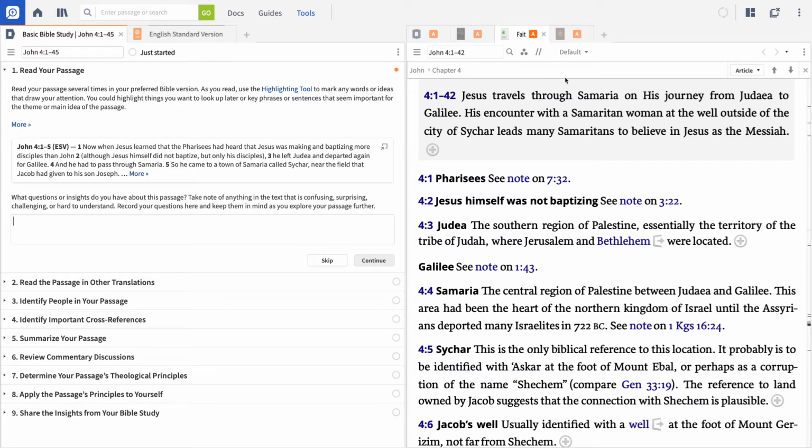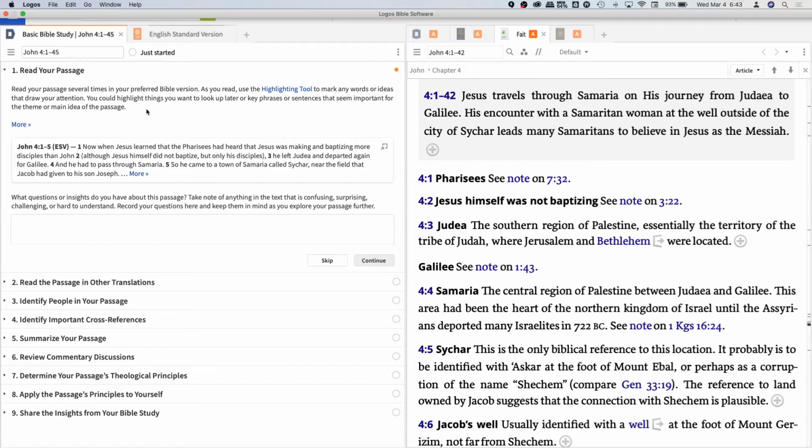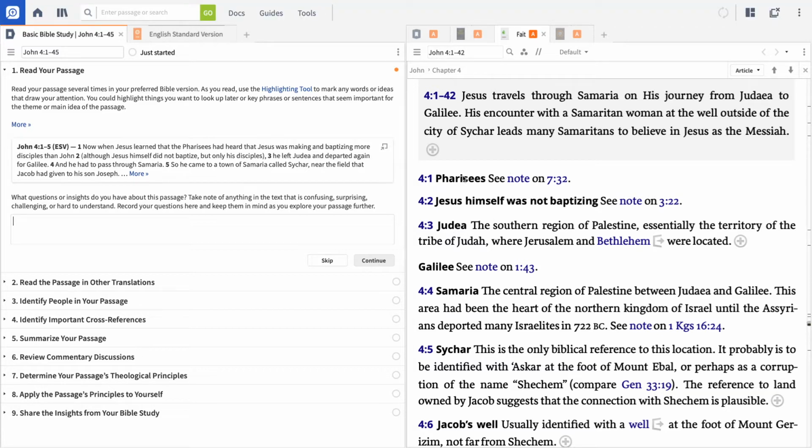As you see, I do have a couple different windows open. And you should be able to see most of what I have here. I try to make the UI pretty large. I think I had it very large when I was originally doing this, but here we go. So first thing in the workflow here says read your passage.